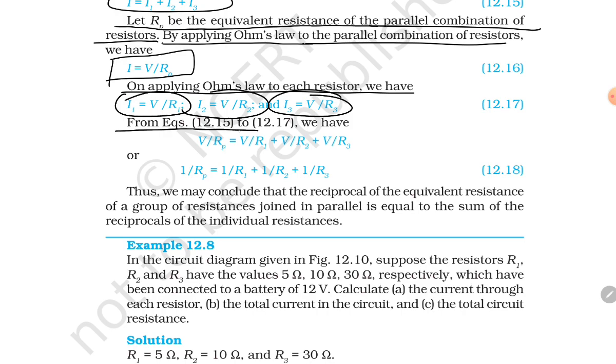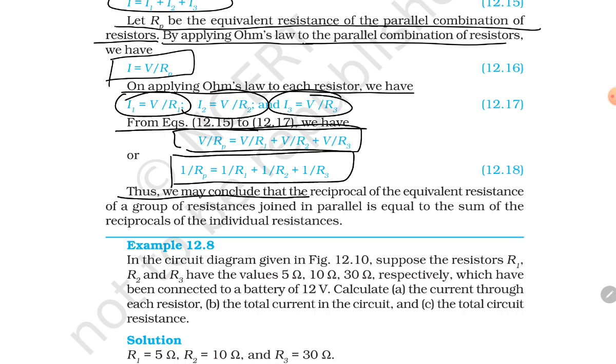From equations 12.15 to 12.17, V by Rp is equal to V by R1 plus V by R2 plus V by R3. So 1 upon Rp is equal to 1 by R1 plus 1 by R2 plus 1 by R3. Thus we may conclude that the reciprocal of the equivalent resistance of a group of resistances joined in parallel is equal to the sum of the reciprocals of the individual resistances.